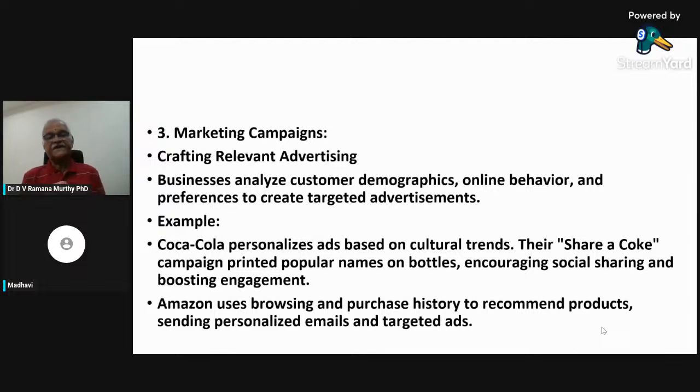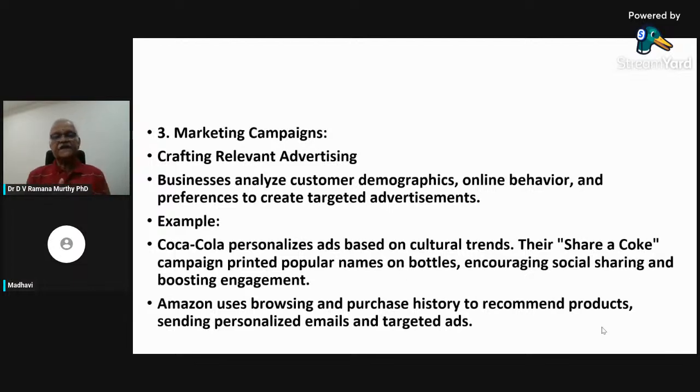The third is marketing campaign. That is your advertising or sales promotion or outdoor advertising or whatever. Crafting a relevant advertising is very, very important. Crafting a relevant advertising means you need to focus on the right type of consumers to reach with an advertisement campaign.